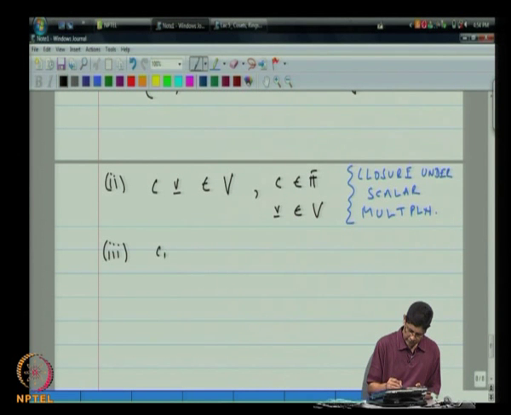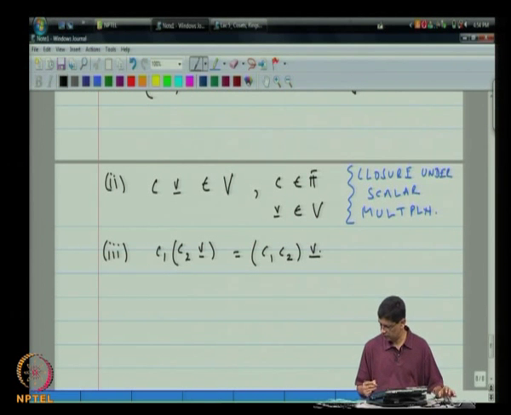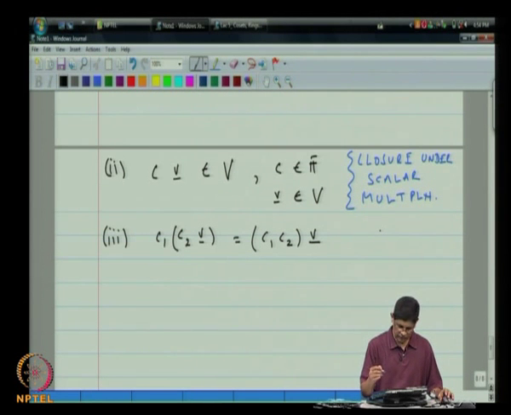Then if you take c1 times (c2 times v), that is the same as (c1 c2) times v. So, this is associativity of scalar multiplication.